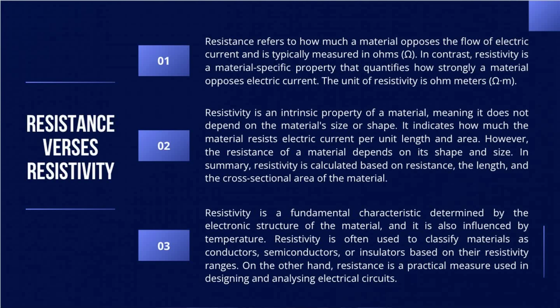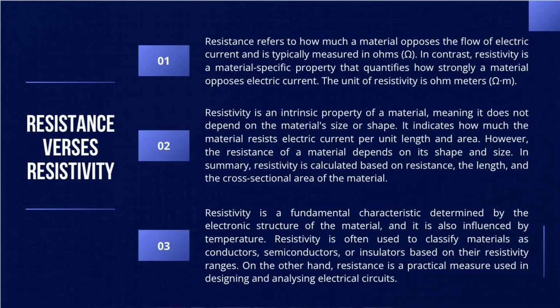In contrast, resistivity is a material specific property that quantifies how strongly a material opposes electric current. The unit of resistivity is ohm meter. Resistivity is an intrinsic property of a material, meaning it doesn't depend on the material's size or shape.